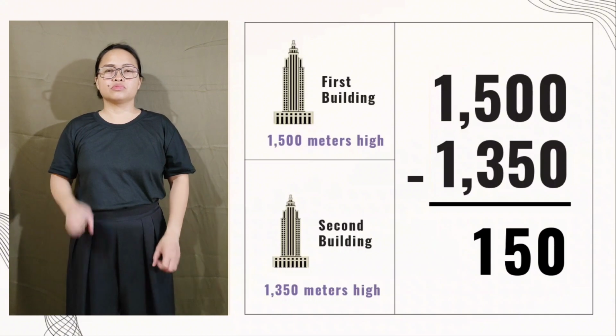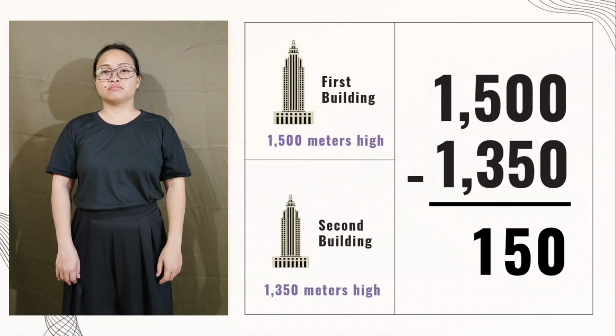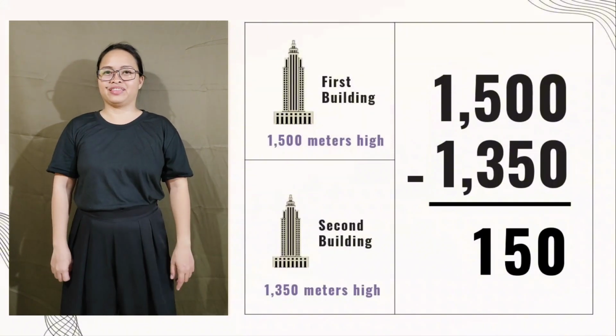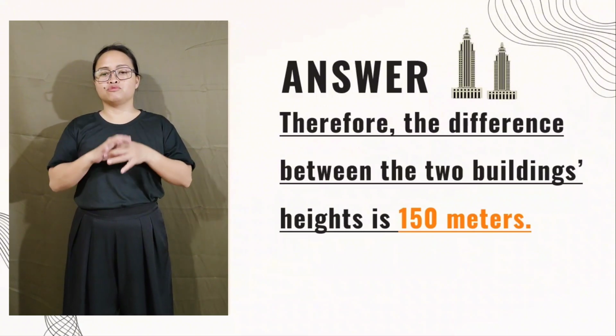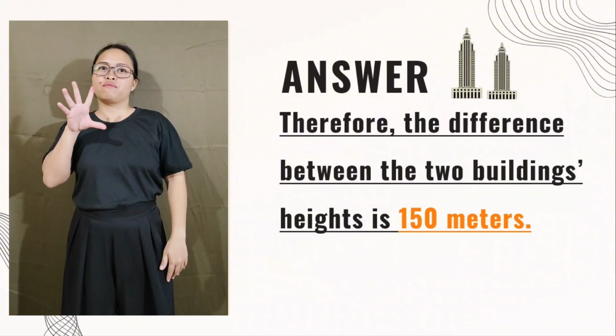So we can disregard the 0. Thus, the difference is 150. Therefore, the difference between the two buildings' heights is 150 meters.